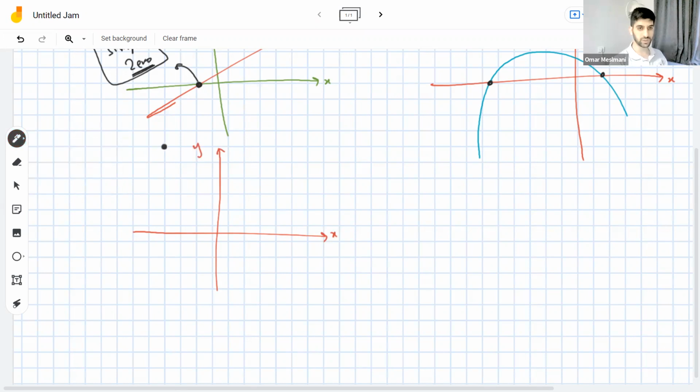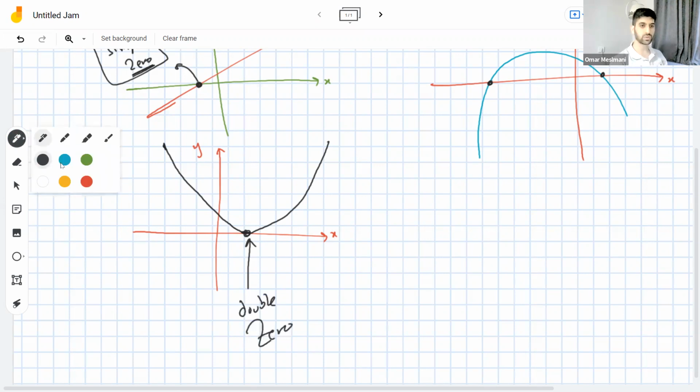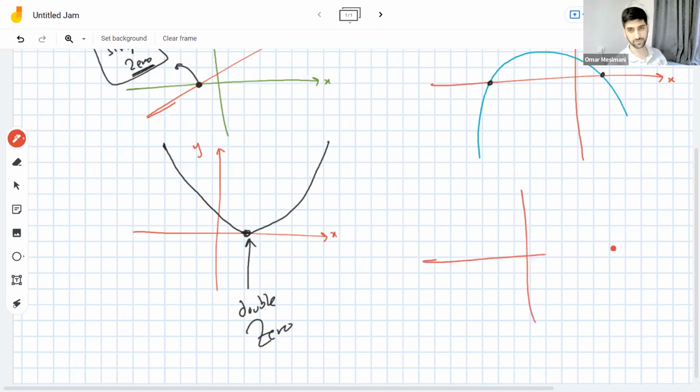Look, your function touches the x-axis and never crosses the x-axis. This point we call a double zero, because it touches the x-axis. That is the x. That is the y. You might have it like this.